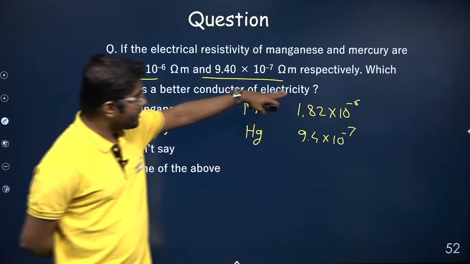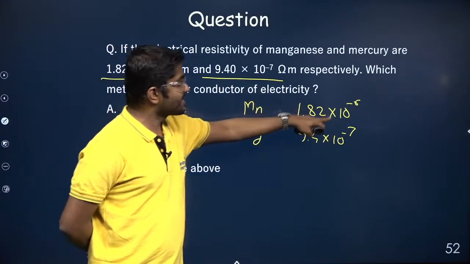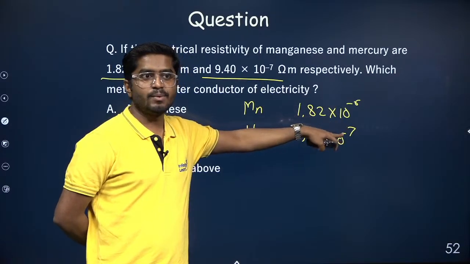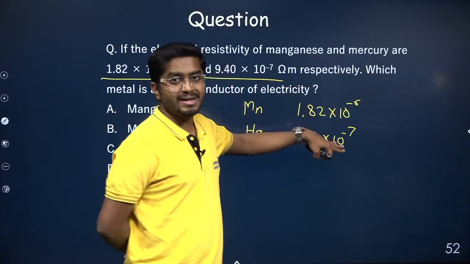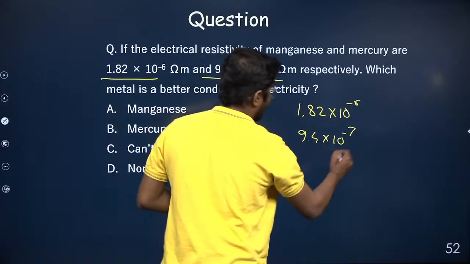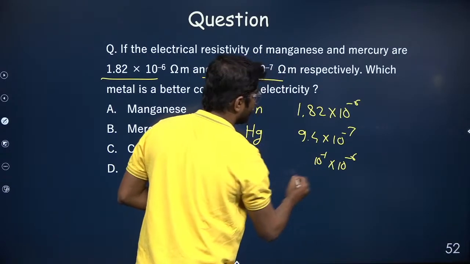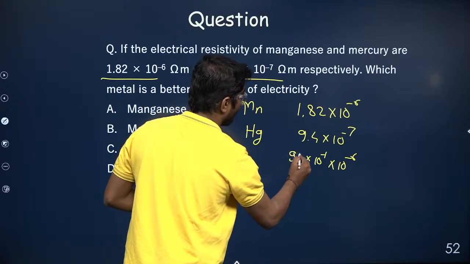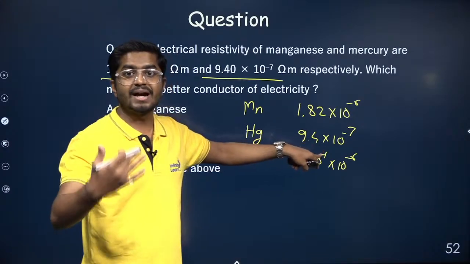So here direct comparison is not a very good idea, right? Because this is 10 to the power minus 6, this is minus 7. So we need to first make their exponents equal. So you can write this down as 10 raised to minus 6 into 10 raised to minus 1 multiplied by 9.4. So 9.4 into 10 raised to minus 1, that is divided by 10.